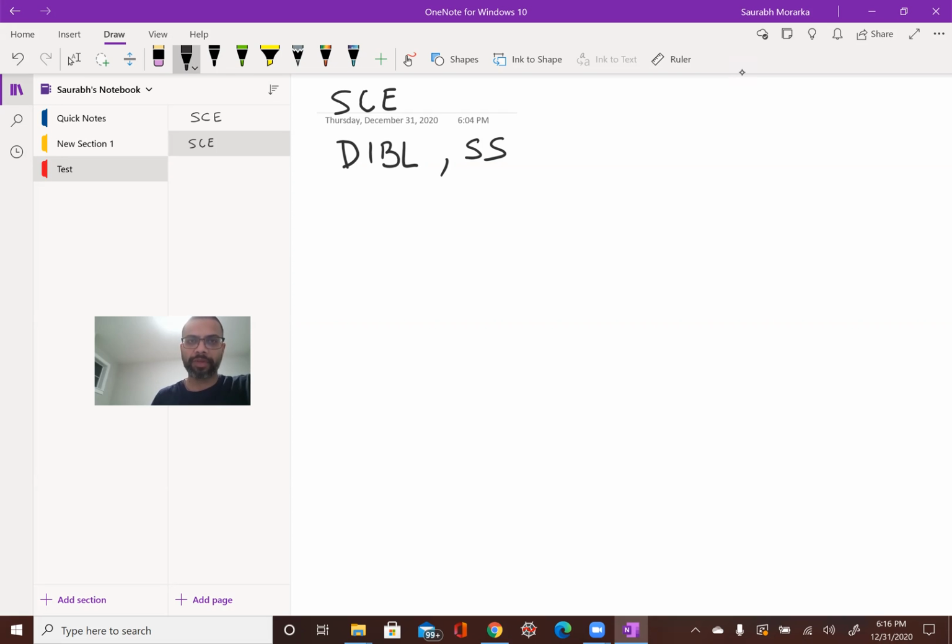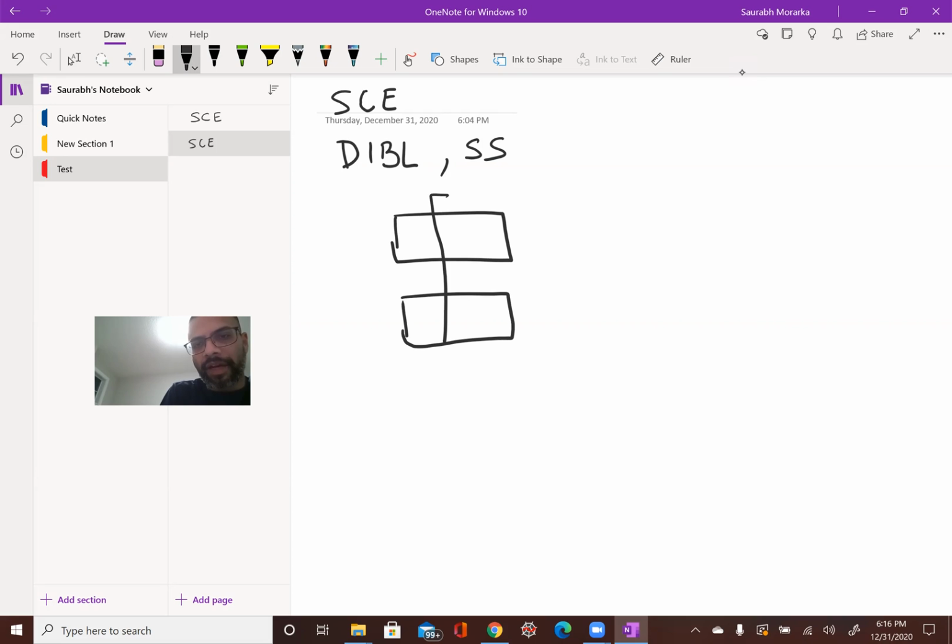So the first question that arises is, why do we care about short channel effects in MOS devices, CMOS devices? To understand that, let's look at a representative circuit, say an inverter, and I will draw a P diffusion and N diffusion on a layout.